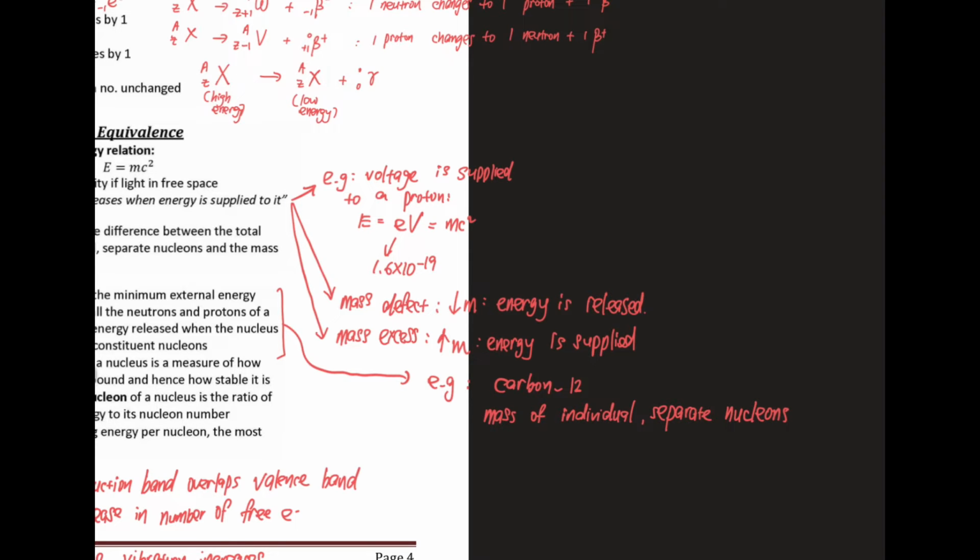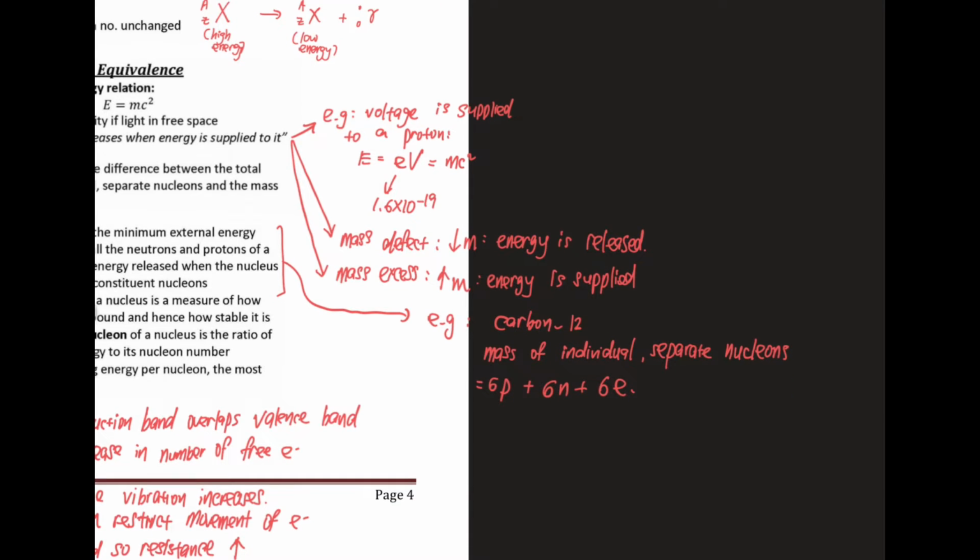We have to know that carbon 12 has 6 protons, 6 neutrons, and 6 electrons. So let's say they are currently separated. Now you want to assemble it. So you have to put them together and form carbon.